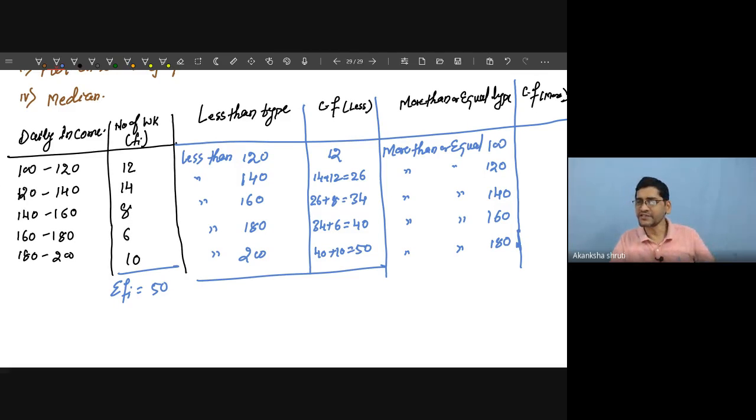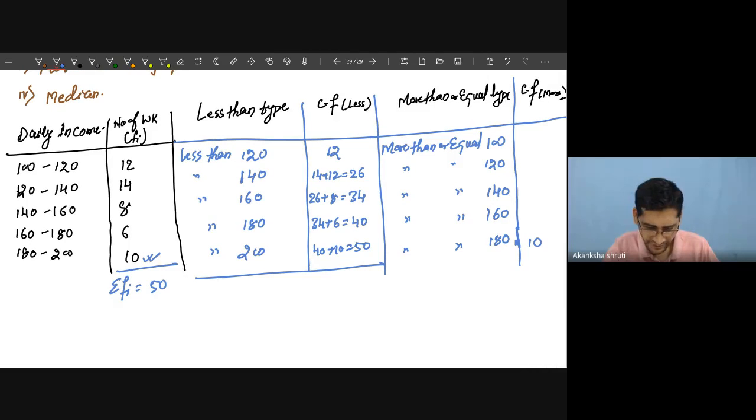For writing the frequency, what shall we do? Already I had explained. Start with the bottom one and go on adding. Means you shall start with this 10 at the bottom. Then for the next, more than 160, 10 plus 6 is 16. Next, 16 plus 8 is 24.